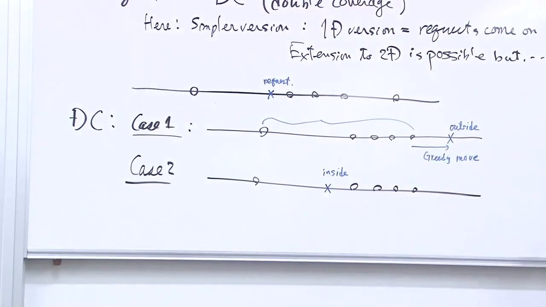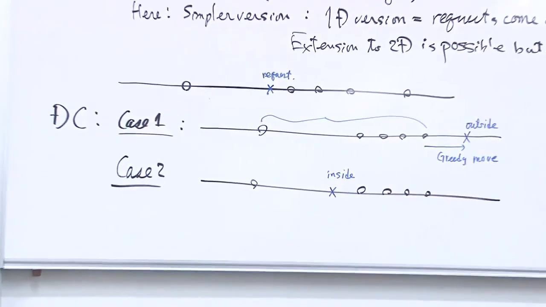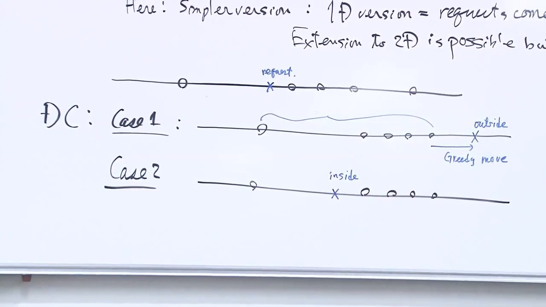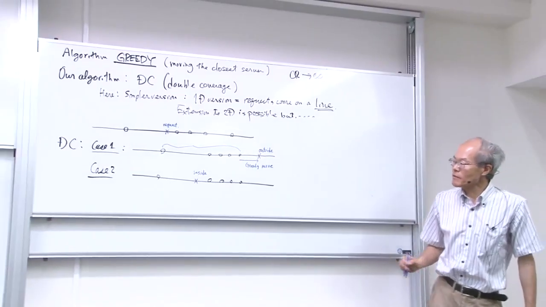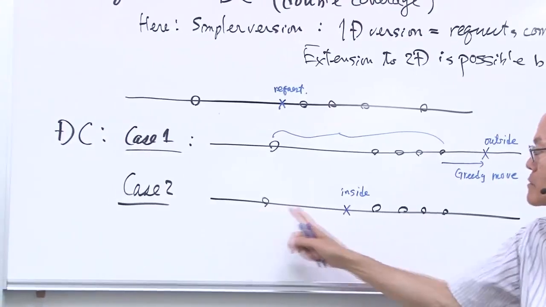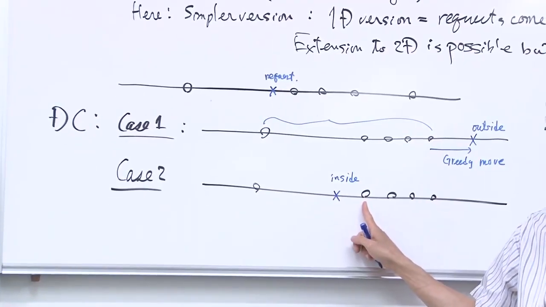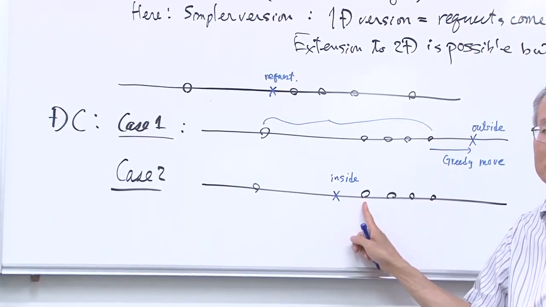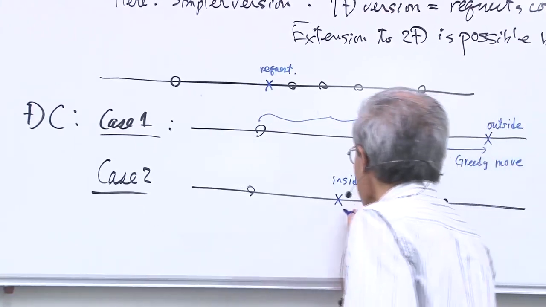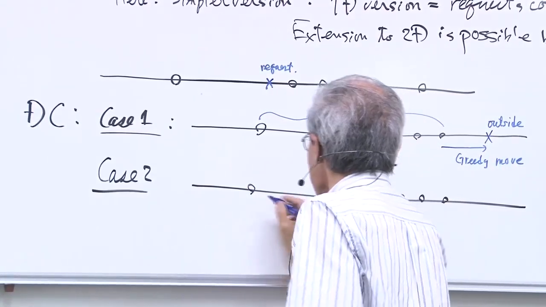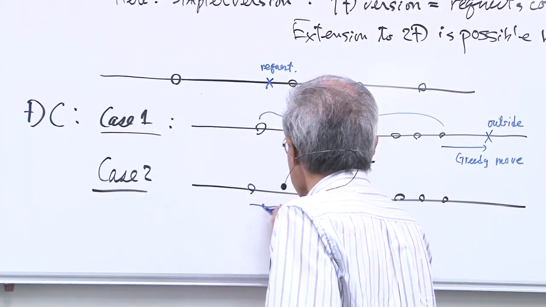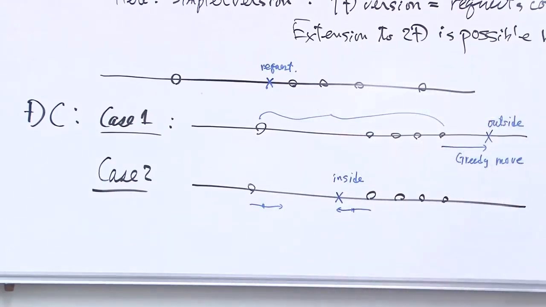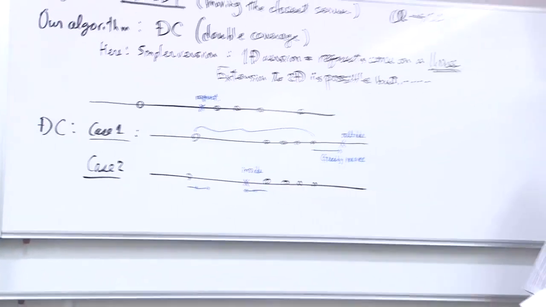Then our server movement is a little bit interesting. We move two servers by the same distance. What does it mean? It means we move two servers like that.